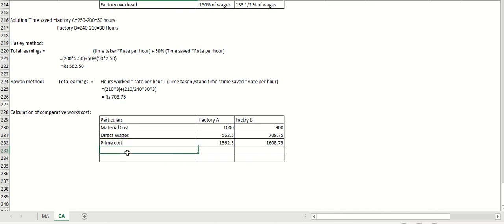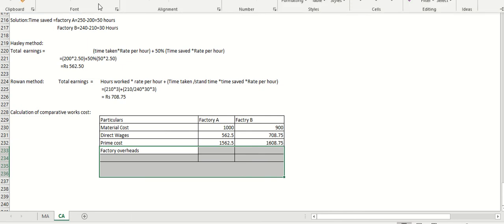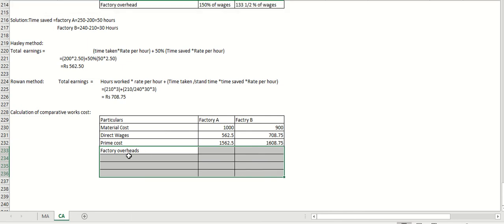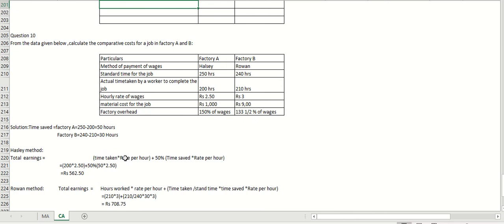Now let's add our factory overheads. For factory A, they have told the factory overhead is 150% of wages, and for factory B it is 133 1/3% of wages.